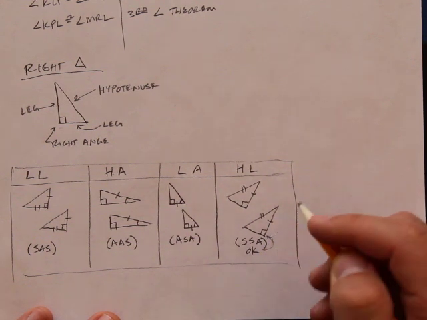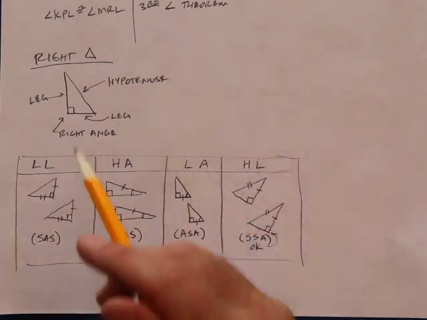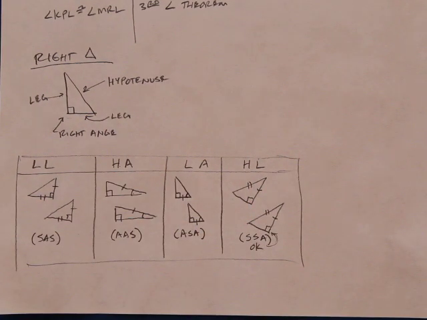If it wasn't a right triangle, I couldn't do this. Side, side, angle. That is the last of the right triangle congruence stuff. And now we can go ahead and we're going to get ready for 4-6.